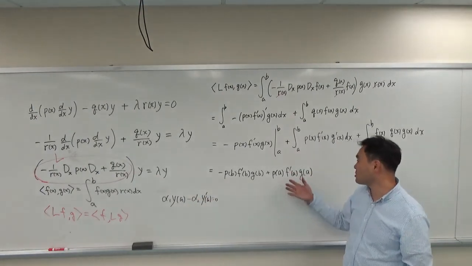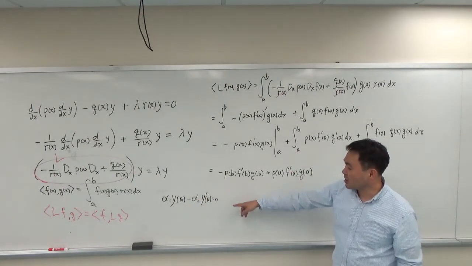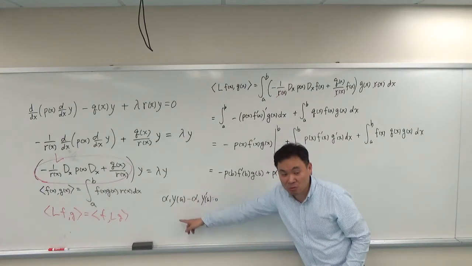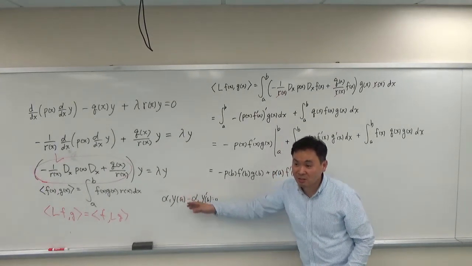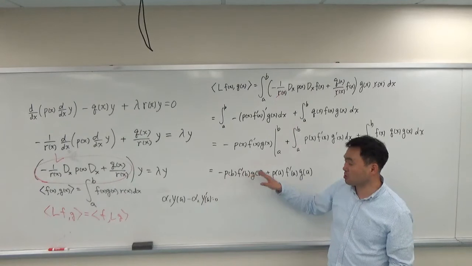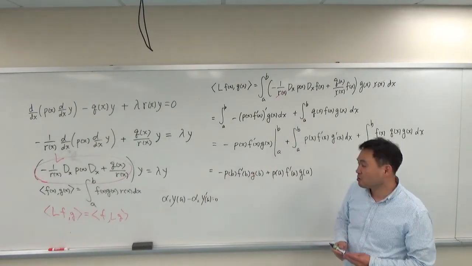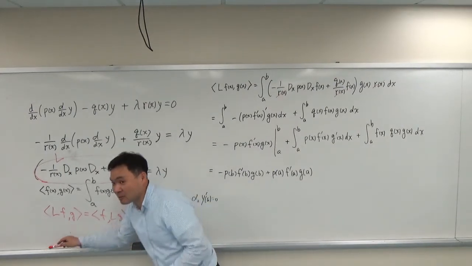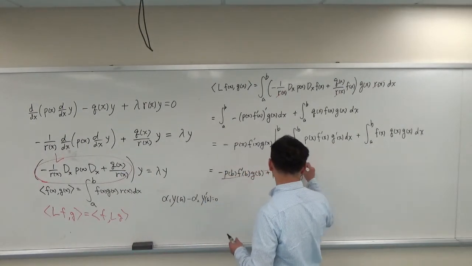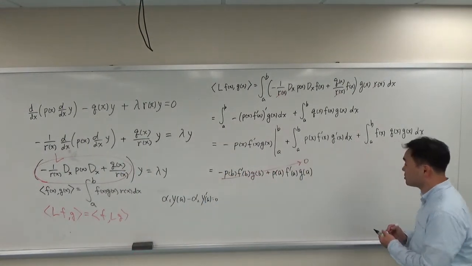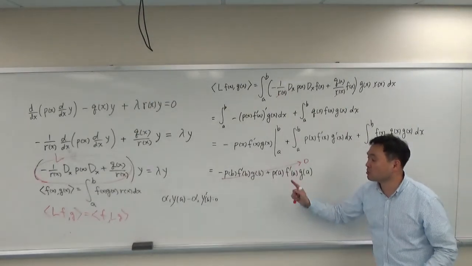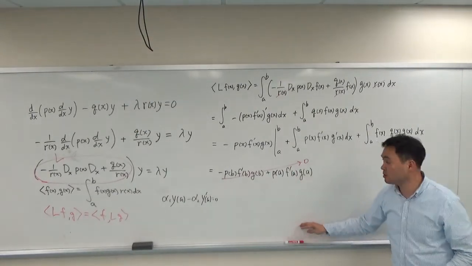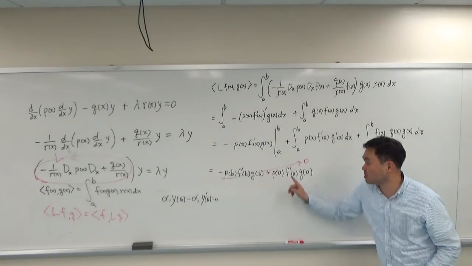If you have Robin conditions, then you can multiply something to the top and something to the bottom and subtract, and you can get that this is 0. Sorry for being so less specific, but what happens here is that they're both going to be 0. So in general, these two cancel each other for general conditions. Special conditions, these are individually 0.